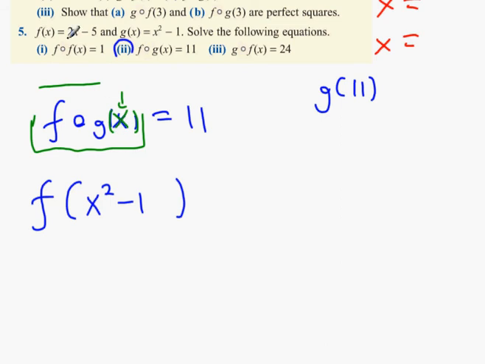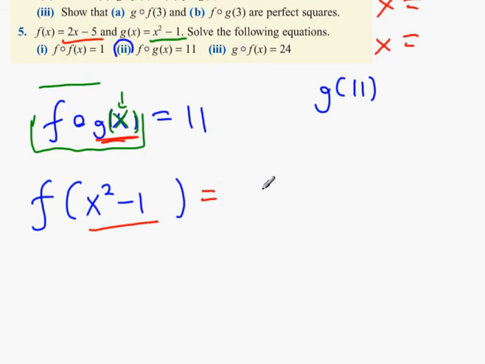I read what g of x is. g of x is x squared minus 1. I replace g of x with x squared minus 1. And then we now do the f rule for x squared minus 1. So what is the f rule, David, for this question? f is equal to 2x minus 5.